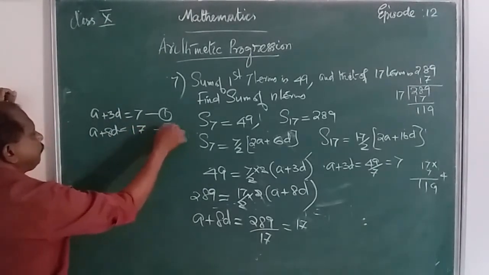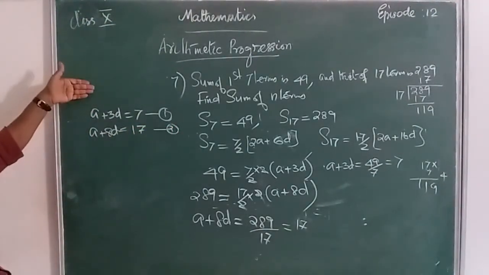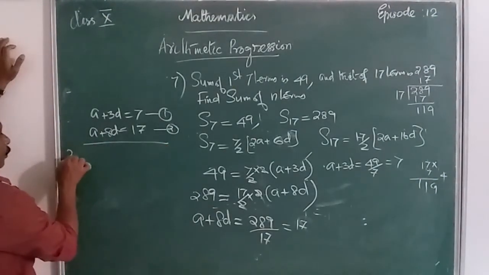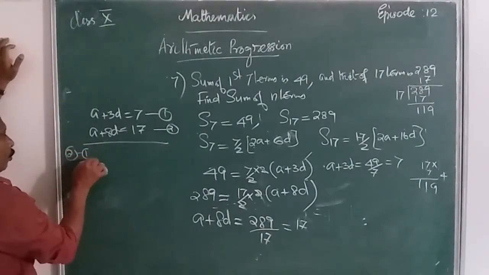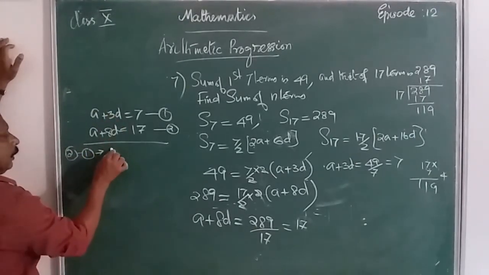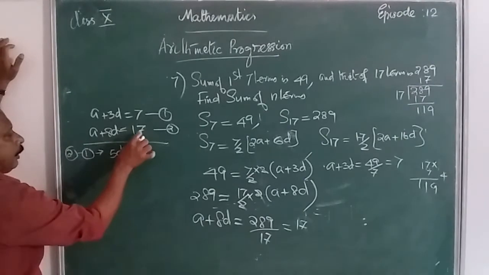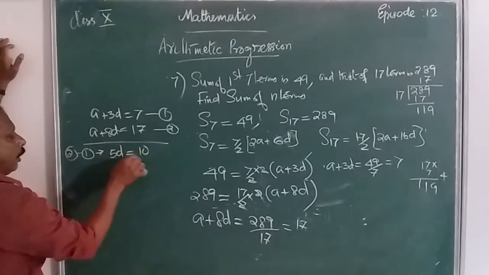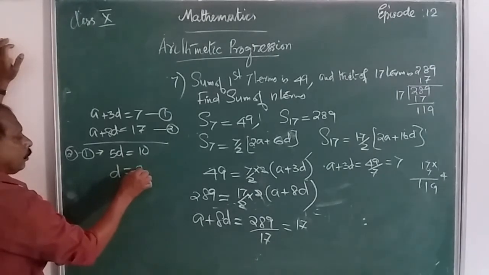Subtracting the first equation from the second, 8d minus 3d gives 5d. 17 minus 7 is equal to 10. Therefore, d is equal to 10 by 5 is equal to 2.